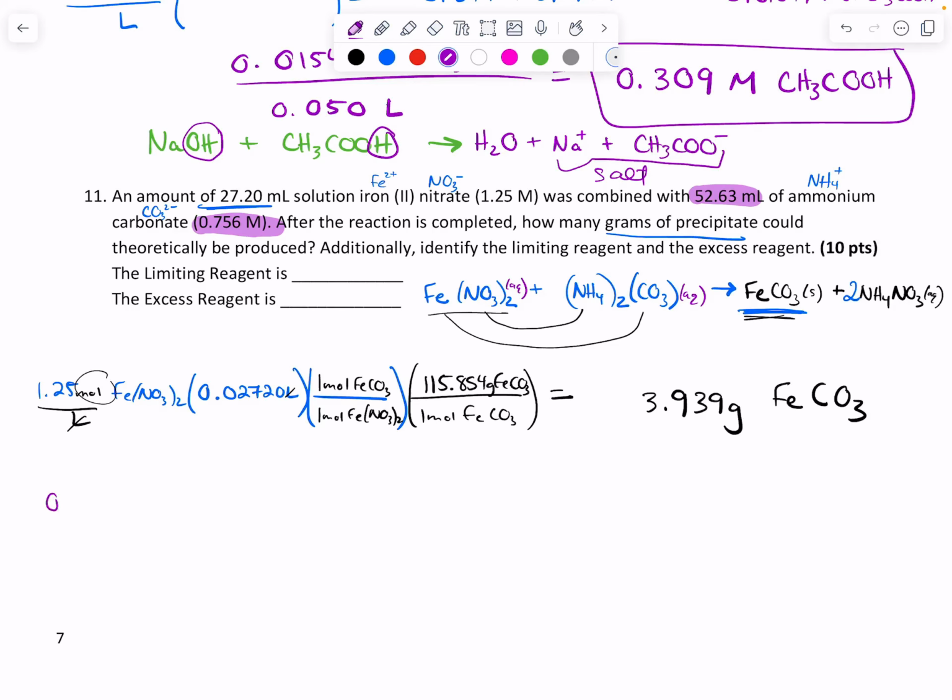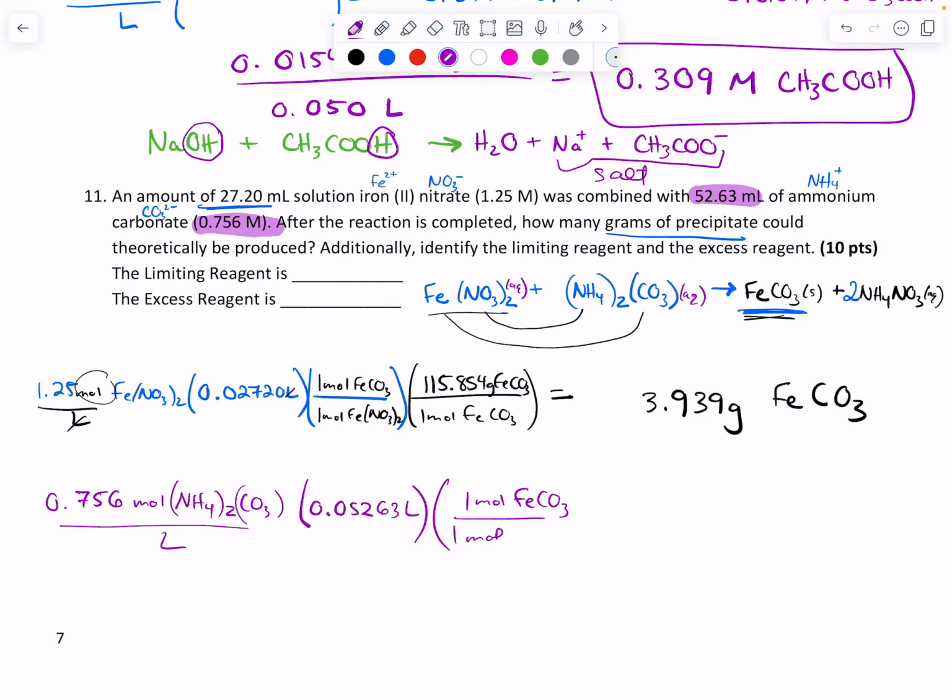So I've got 0.756 moles of ammonium carbonate per liter times my volume, converting it to liters, of course, and then I need to convert it all the way over to my product. And this was too easy of a problem because they're both 1-to-1. I don't really think I should have it be 1-to-1 for you guys, but we'll see what happens.